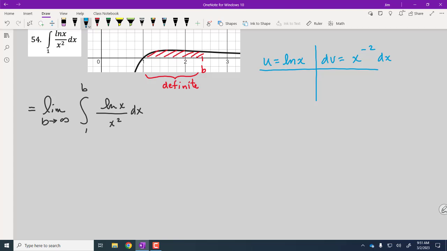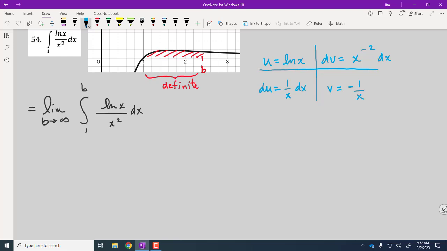So it makes more sense to put u equal natural log of x because we can differentiate natural log very easily. That'll be 1 over x dx, and this will be minus 1 over x when we integrate. So integrating x to the negative 2, we add 1 to the exponent, we get x to the negative 1, and then we divide by negative 1. So negative x to the negative 1 is negative 1 over x.